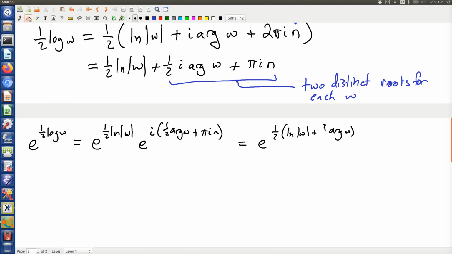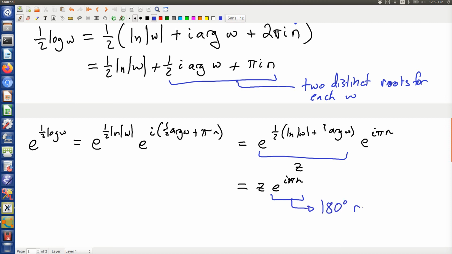Oops, I got an extra i here. That first term was originally z. This was our z to begin with. So this is z times e to the i pi n. And this guy here is a 180-degree rotation.